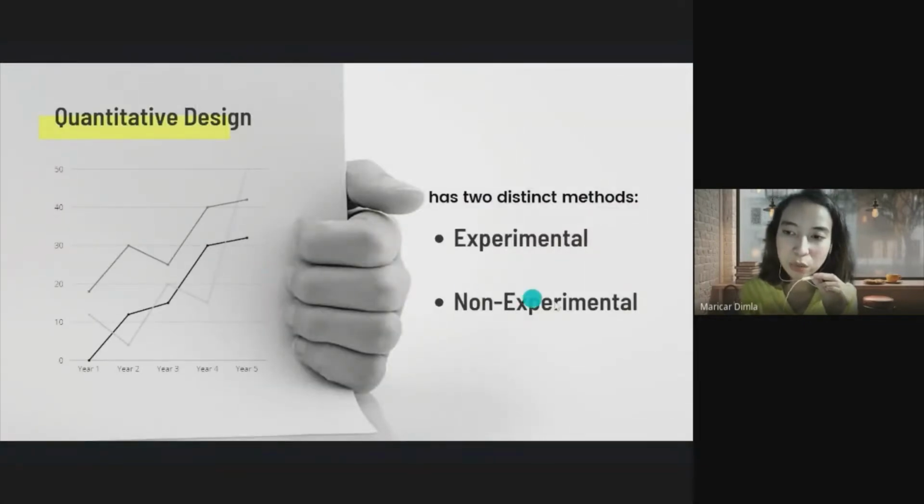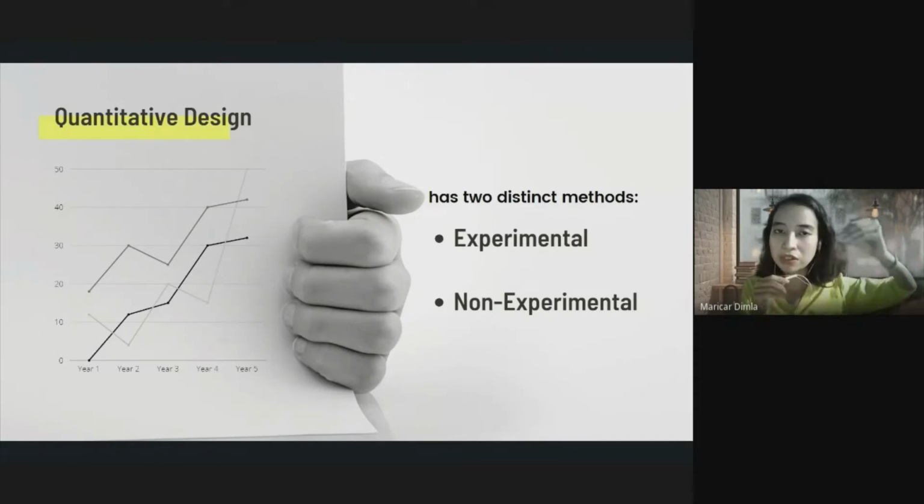So, class, since we are dealing with a quantitative research design, it has two distinct research methods. We have the experimental and the non-experimental. Last na sana nasusundan, we are dealing with a research design which is quantitative because we are done with the qualitative. And it has two distinct research methods, the experimental and the non-experimental.